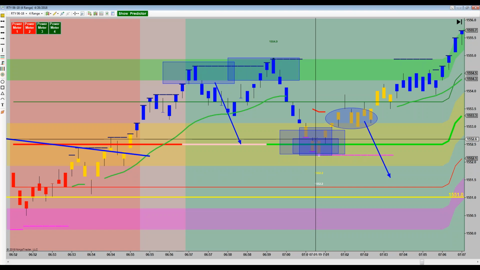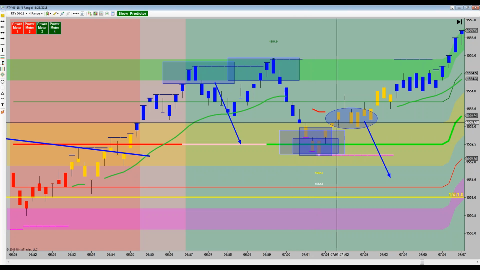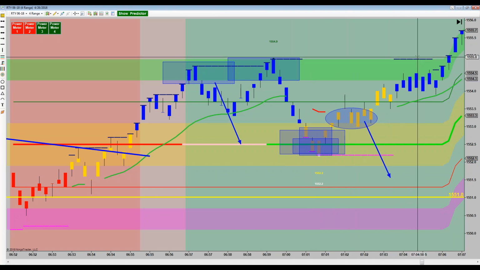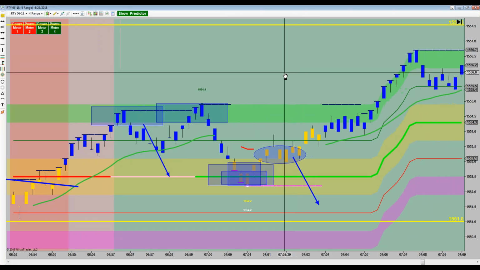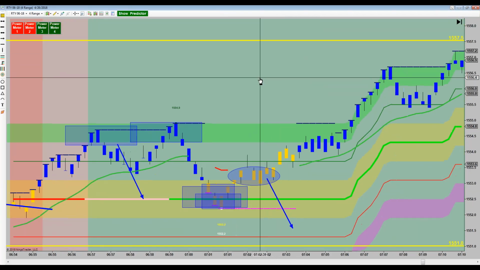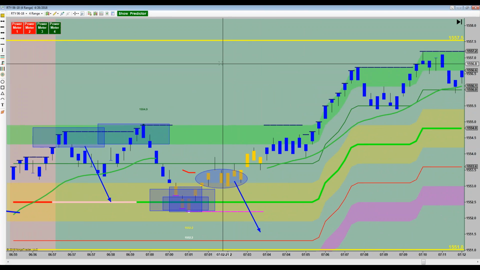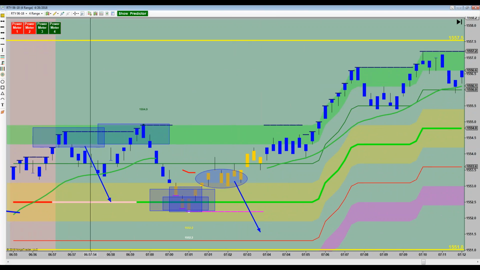Now, in this case, if you got in late at this oval, it's okay. It immediately moved in your favor, took out this swing, and then had a beautiful run. Here it came all the way up to 56, all the way to 57, and what is this area right up here?